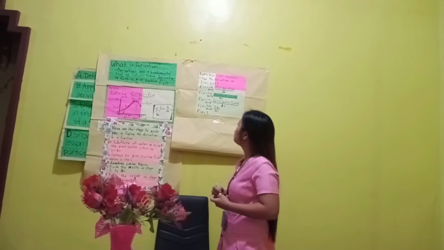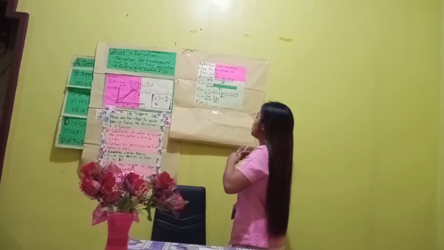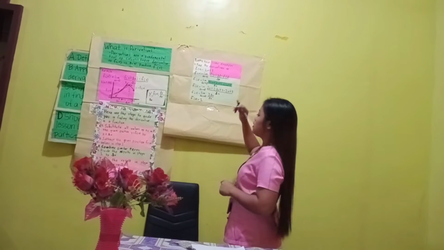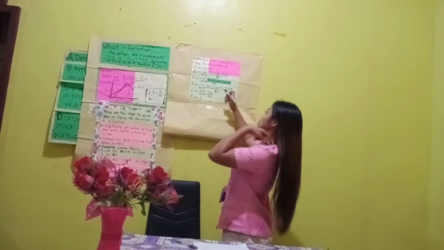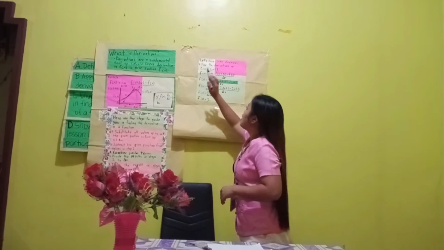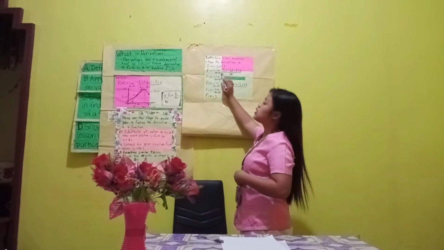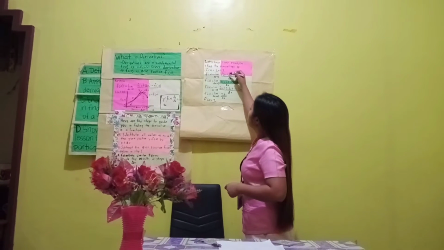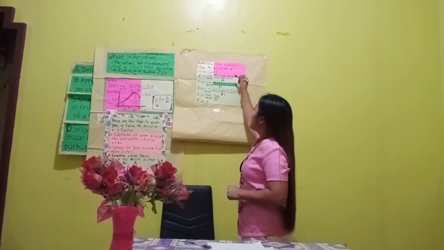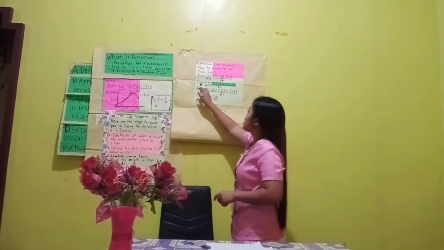Okay? So, number 1, find the derivative of f of x equals 2x plus 3. First, we have to substitute all the values of x in the given function y equals f of x by x plus delta x. Let's substitute it. f prime of x equals the limit as delta x approaches 0 of f of the quantity x plus delta x, this is the formula, minus f of x over delta x. So, let us substitute.